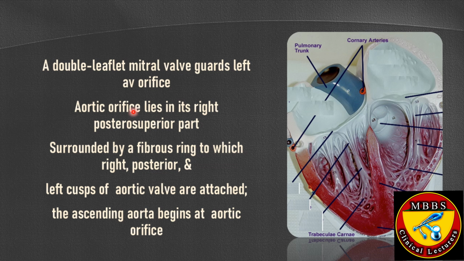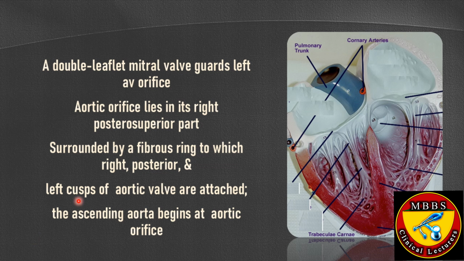So the aortic orifice lies in its right posterior superior part, surrounded by a fibrous ring, to the right and posterior. That is the same thing: it is on the right side and posterior as compared to the mitral valve.